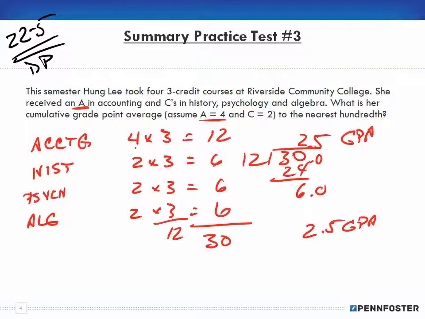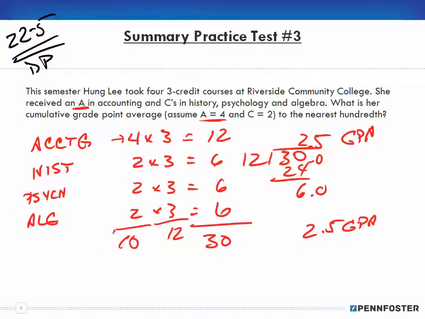Now, I'm getting back to what I was going to point out before. When you're doing this, definitely multiply this stuff out. Even though they're all the same credit hours, you could have arrived at the same thing by taking the 4 points and the three 2 points, which comes out to 10.